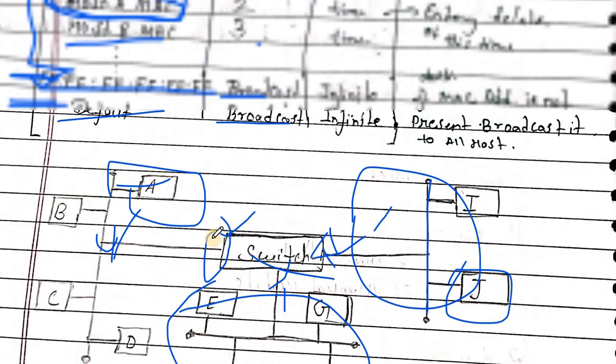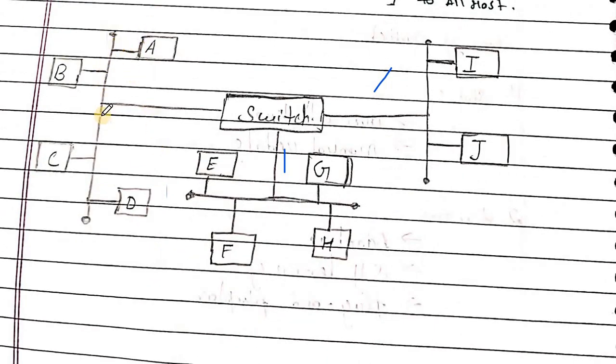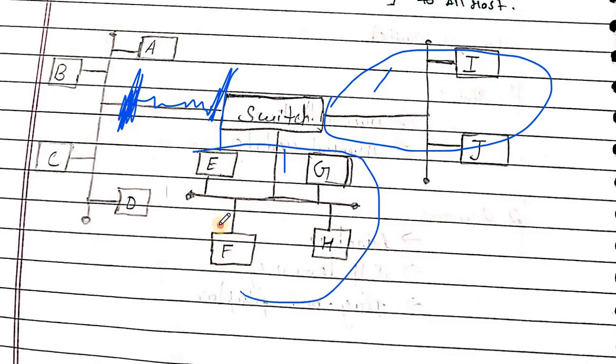It means that if A wants to send a frame, and if a collision happens here, the collision message is received by B, C and D. The collision signal is also received by the switch, but the switch does not forward the collision signal into the other connected network.